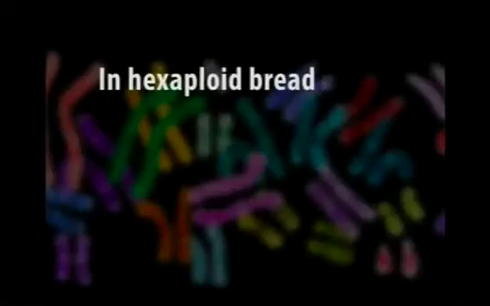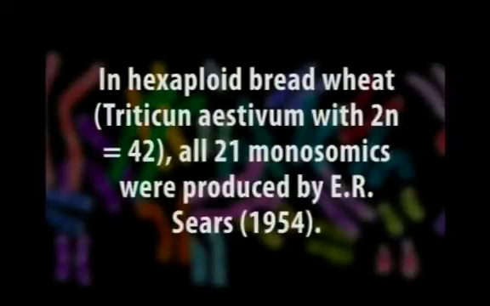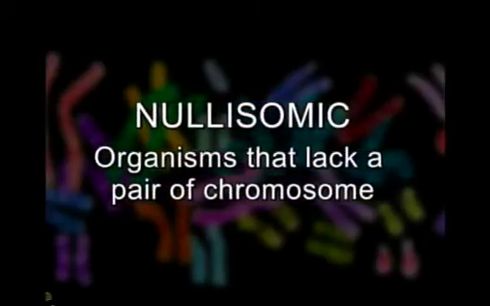For example, in case of wheat, which has 2n equal to 42, 21 nullisomics are possible because there are 21 pairs of chromosomes, and the organisms which lack a pair of chromosomes are called nullisomic organisms.